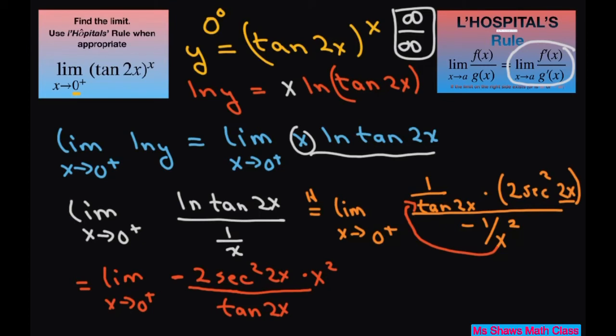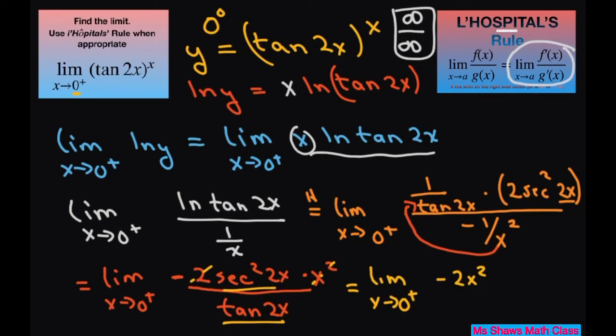But what I want to do is rewrite my tan and secant. So this is going to be equal to the limit as x approaches 0 from the right. And if you rewrite all this, you're going to get negative 2x squared for these two pieces. And then we're going to deal with those two.